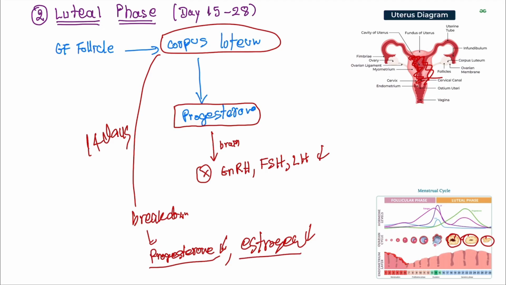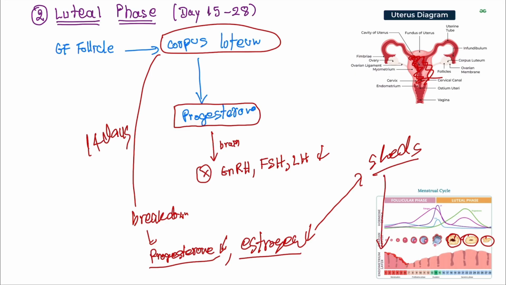So the endometrium is no longer supported by progesterone and also estrogen, so it shakes. Without progesterone and without estrogen, the uterus lining, the endometrium, cannot stay thick. It breaks down and comes out as blood. This is called menstruation.